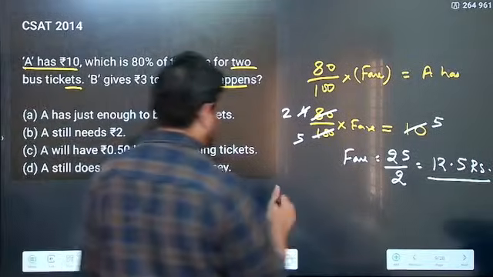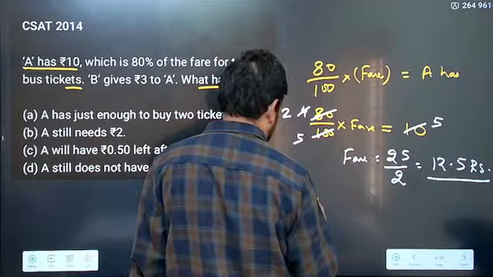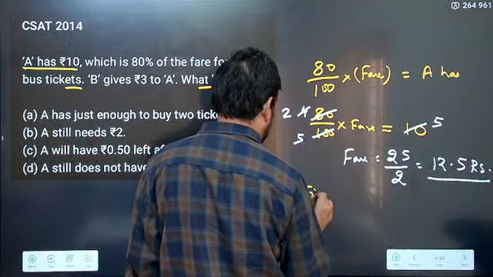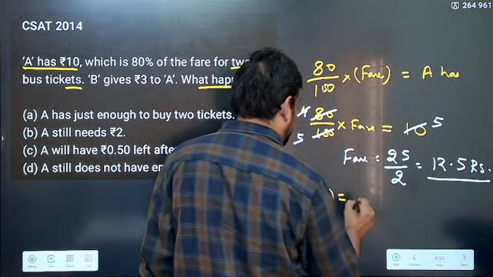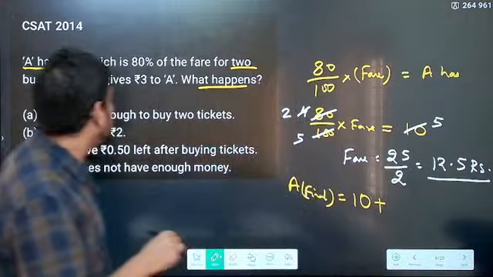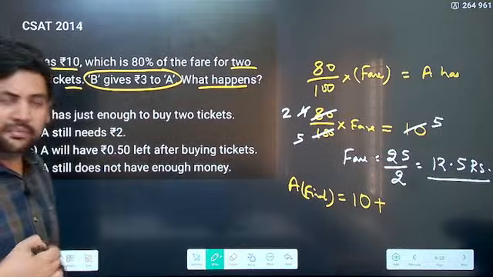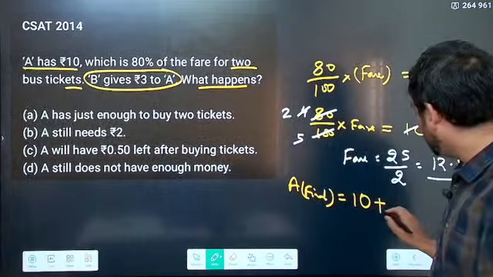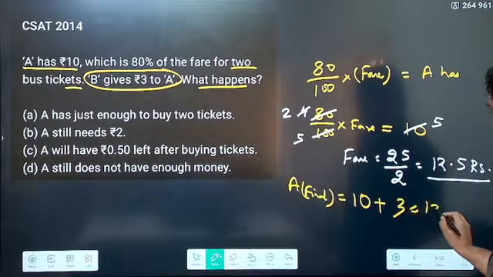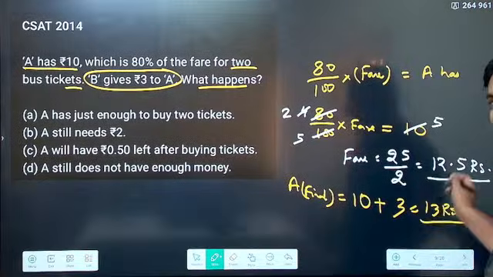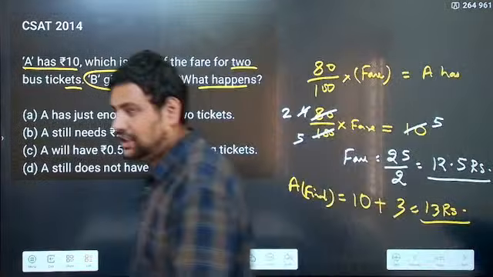How much did A have? A earlier had 10 rupees. Now read the question. It says B gives 3 rupees to A. Now if B gives 3 rupees to A, what will he have? He'll have 10 plus 3, that is 13 rupees. How much is needed for the ticket? 12.5 rupees was needed.